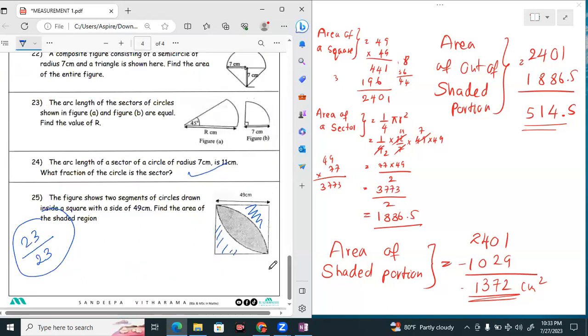Is there anyone? No. 22 out of 23, 21 out of 23, 20 out of 23. That means all of you are less than 20. That is not good enough. You need to work harder.